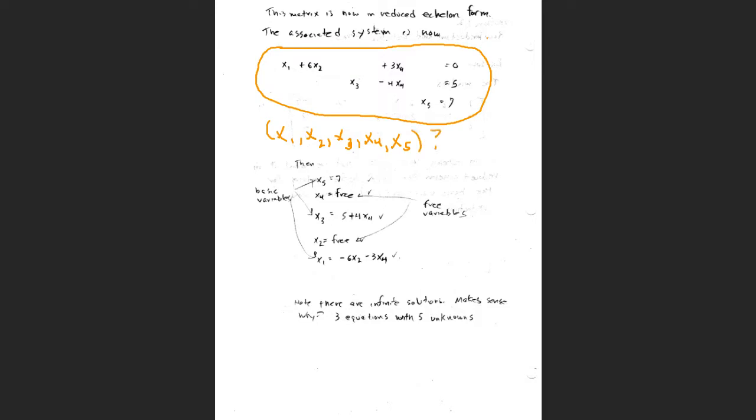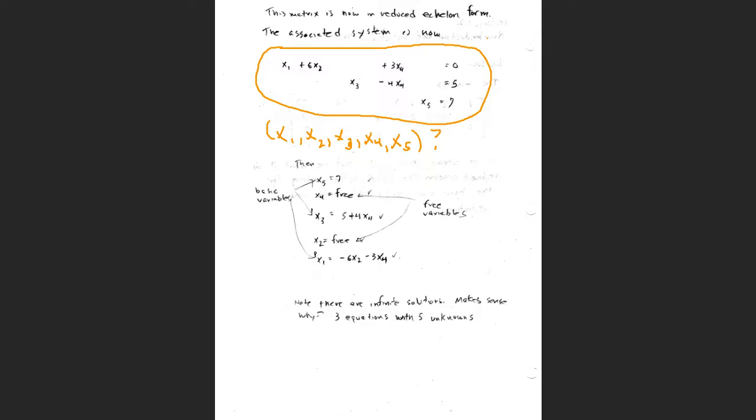We want to know what the set of solutions are. Those 5-dimensional coordinates. What would that solution space look like? Well, x5 is 7. So that's easy enough.